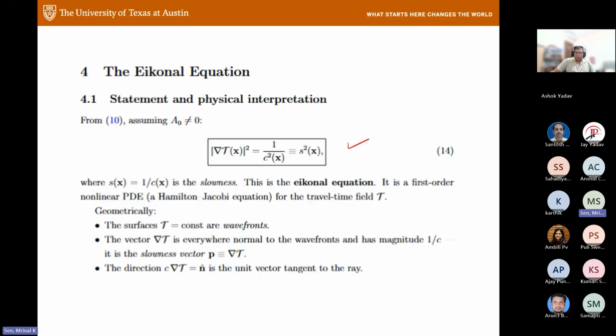With that high frequency approximation, we get an equation that shows the gradient of travel time squared is equal to 1 over c squared, that is your slowness squared. This is the Eikonal equation. It's a first order nonlinear PDE, also called a Hamilton-Jacobi equation for the travel time tau.